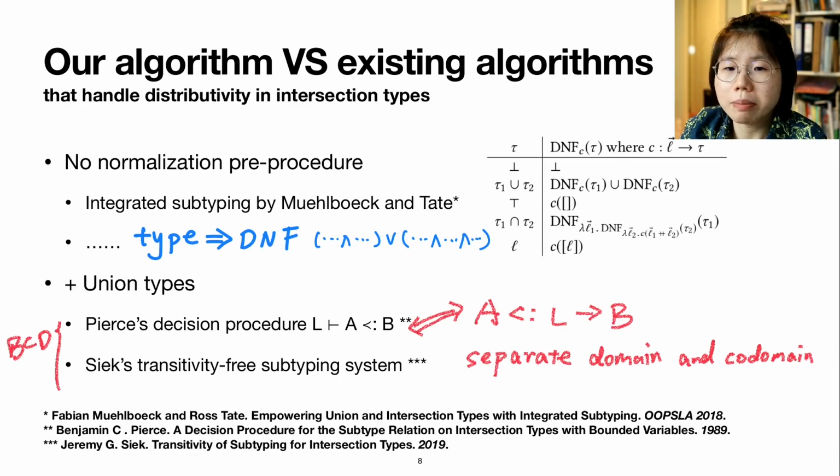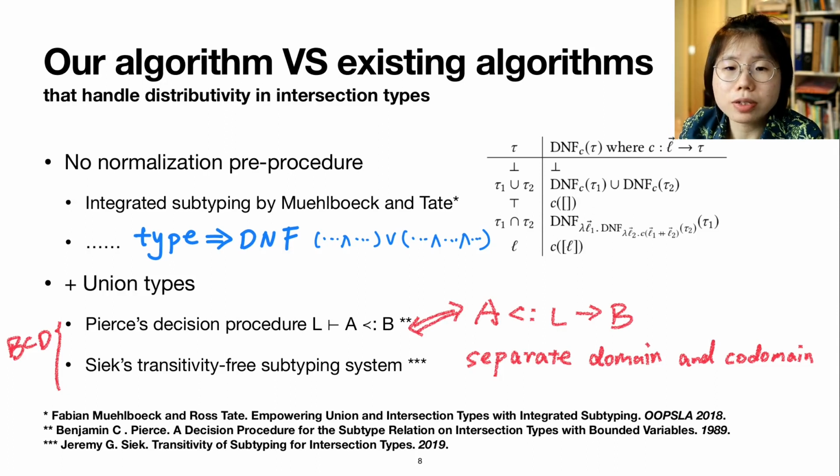Actually, there have been many algorithms around this topic, but most of them rely on a normalization phase, while our algorithm directly works on the source type. Take the integrated subtyping framework developed by Muehlbacher and Tate, for example. To decide if type A is less than type B, it firstly converts A into a disjunctive normal form, and then transforms each conjunction part in the DNF to do further checking.